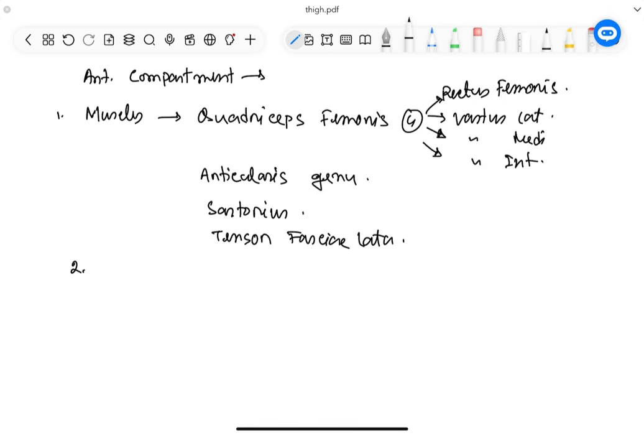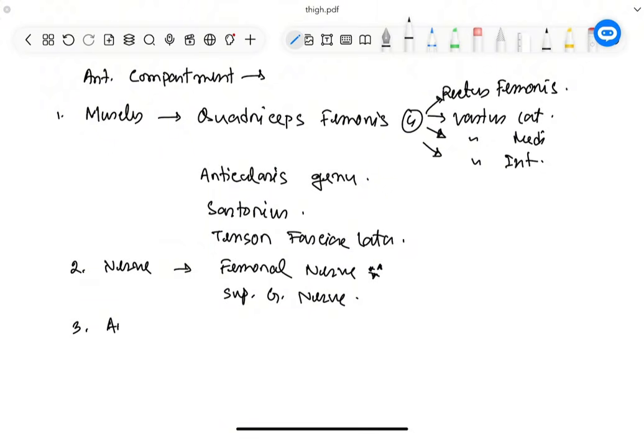These muscles are supplied by nerve and artery also. So, what is the nerve for this compartment? The femoral nerve. Though there is one exception, which is supplied by the superior gluteal nerve. Shortly I am going to explain that also. So, 2 nerves you can write here, though the main nerve supply is by the femoral nerve.